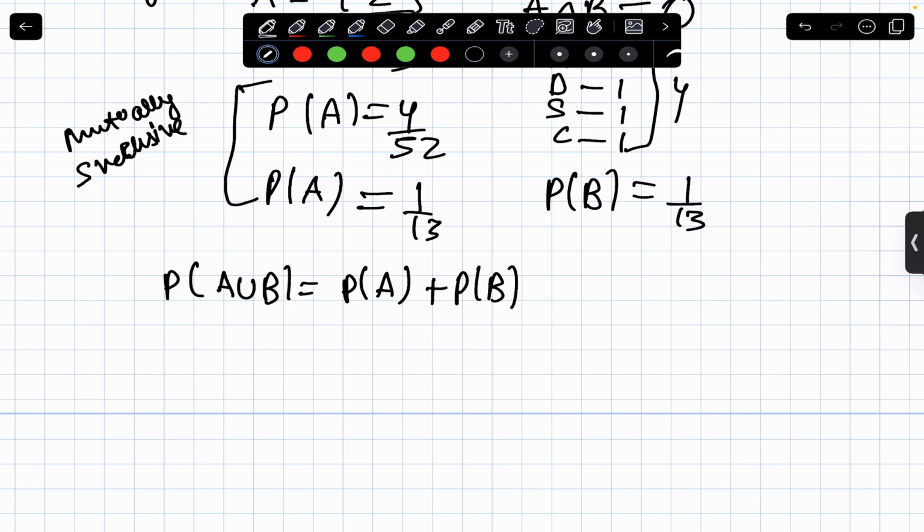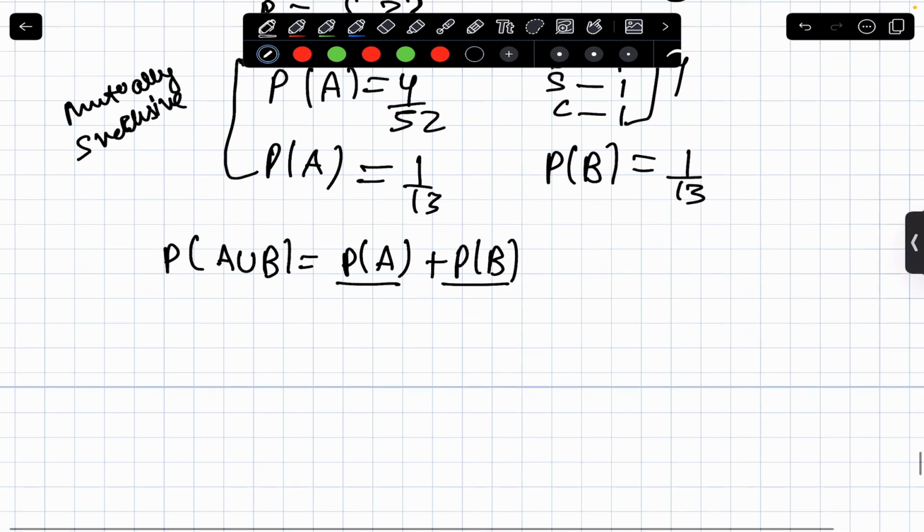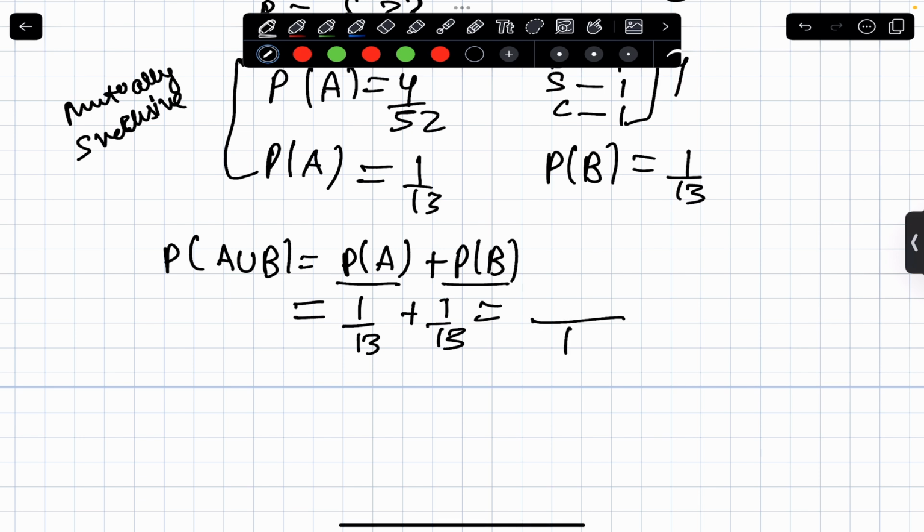It is nothing but the probability of A plus the probability of B, which is nothing but 1 by 13 plus 1 by 13, which will be 2 by 13, about 0.15. Got it?